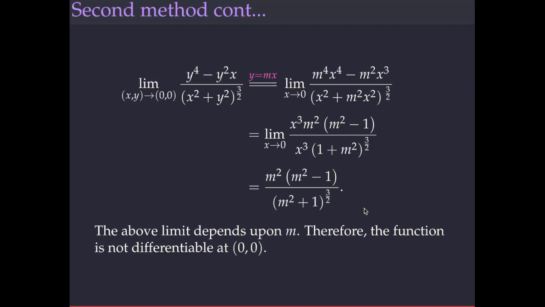But if the directional derivative is linear, then that procedure is inconclusive. The second method is to take the linear approximation of the function and compute the limit of f minus the linear approximation divided by the square root of x square plus y square, as (x,y) tends to (0, 0). If it is 0, then we are fine, but this limit does not exist here, and hence we conclude that the function is not differentiable.